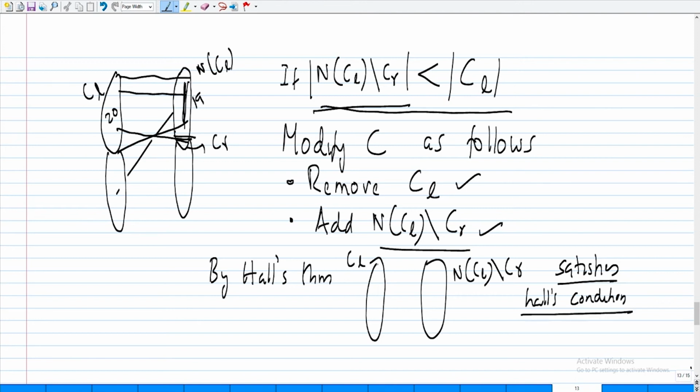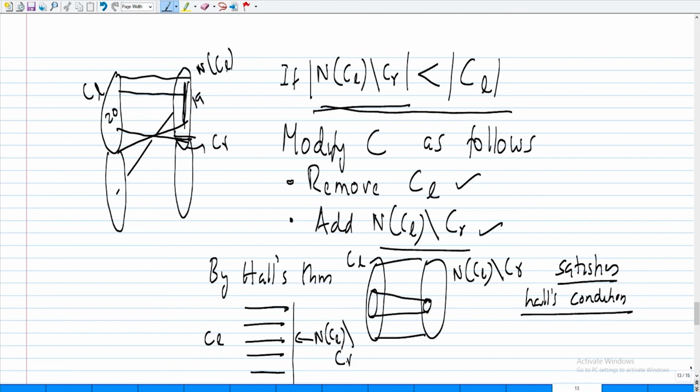Of course, I did this only for all of C_L, but as a small exercise you can check that if some set has the property that its neighbor set is much smaller, I'll remove that set and put in the smaller set and I'll get a smaller vertex cover. That is a contradiction, since you started out with a minimum vertex cover. So because Hall's condition is satisfied, this graph has a matching which saturates C_L. And this set is the neighbors of C_L minus the vertices of C_R.